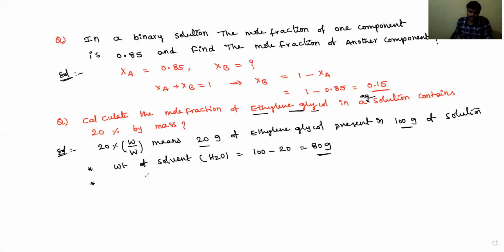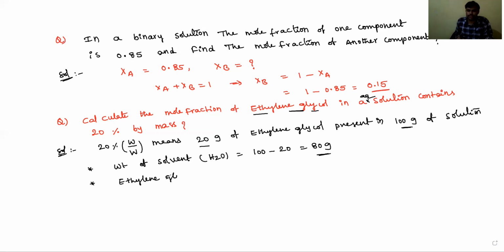So to find that, we need to learn the molecular formula of ethylene glycol. Ethylene glycol is a diol. It contains two OH groups present at two primary carbon atoms.